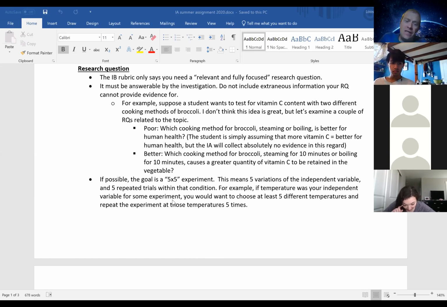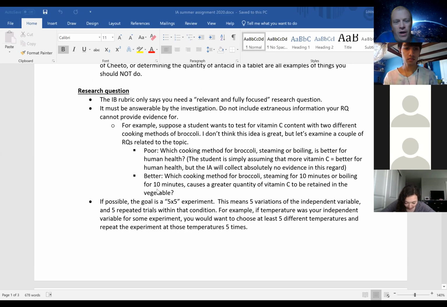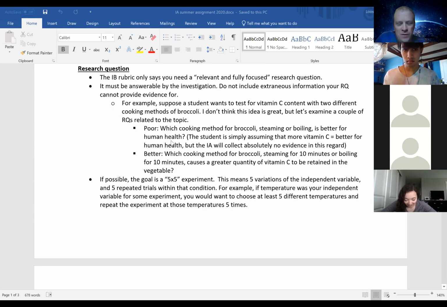Again, I don't think this is an awesome idea. I think it's okay. It would be better than just testing broccoli and finding vitamin C in it, or testing an orange and finding vitamin C in it, because at least there's some variable that's being changed. But it is at least focused, and somebody did this year, and it is okay. It's fine. It worked.